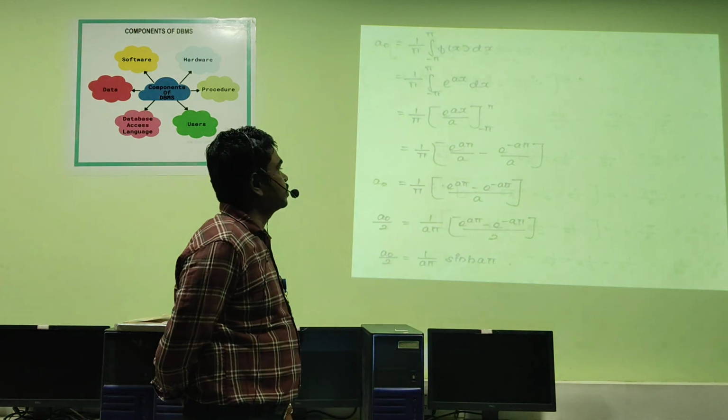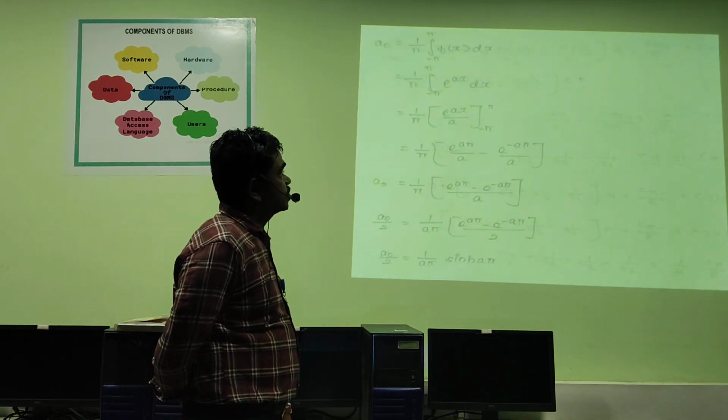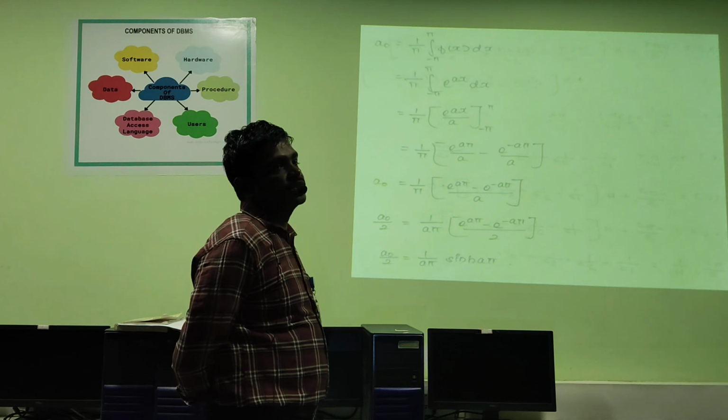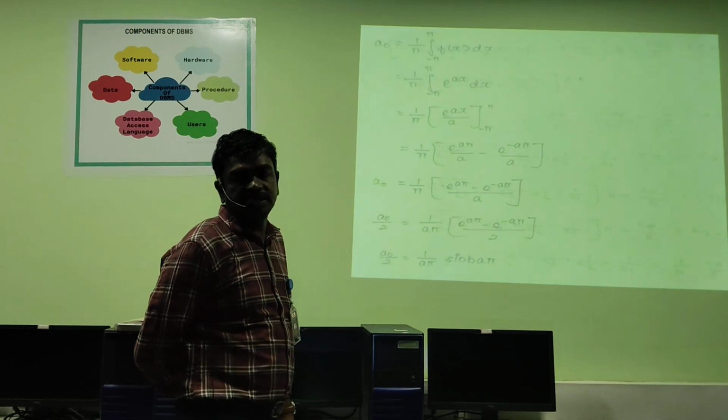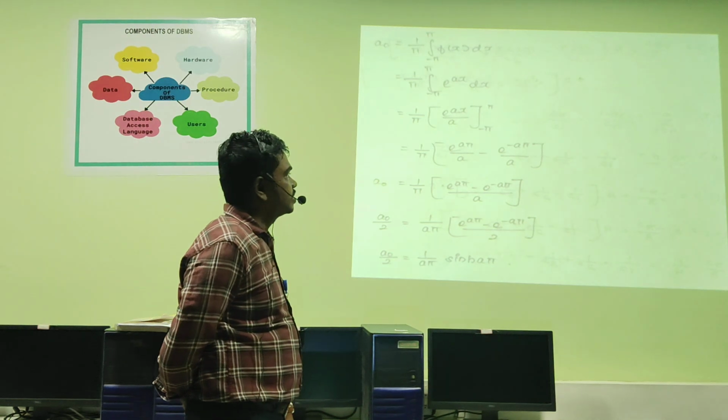So we can now find the value of the Fourier coefficient a0. What formula? 1 by pi integral minus pi to pi f of x dx. What is here f of x? e power ax. So equals 1 by pi integral minus pi to pi e power ax dx. The integration of e power ax is e power ax by a. The limit is minus pi to pi.